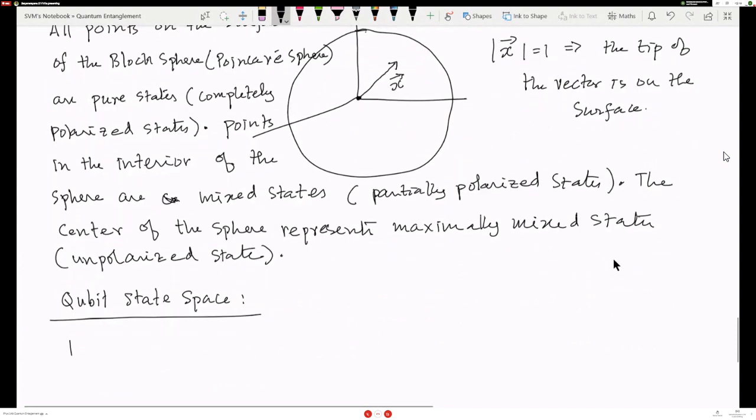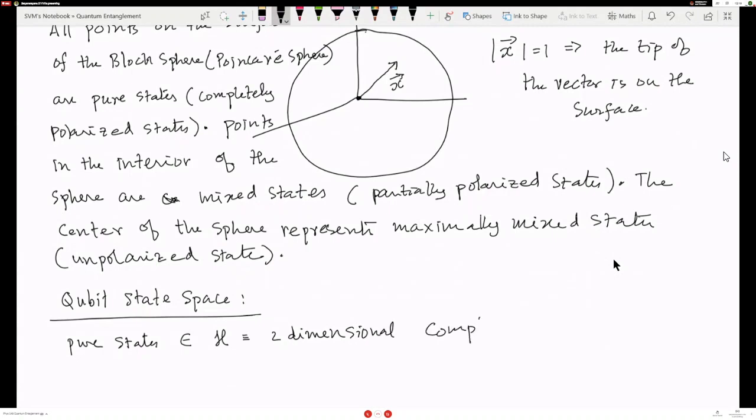When I consider only pure states, they belong to something called a Hilbert space. It is a two-dimensional complex Hilbert space. But there are no mixed states in this.